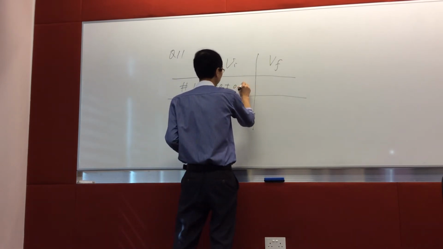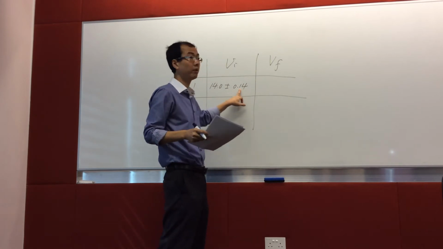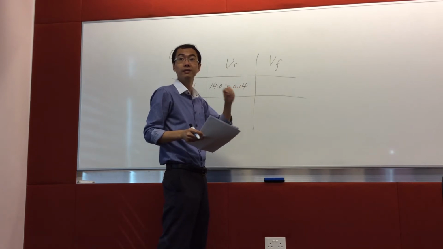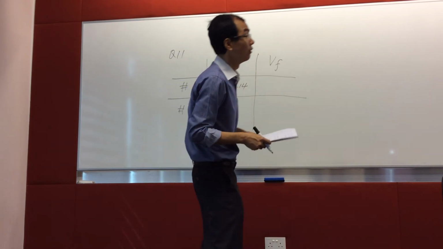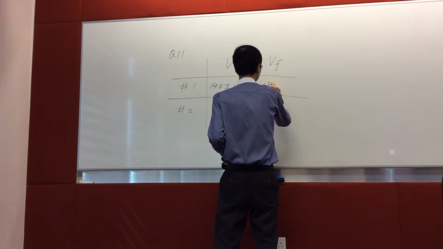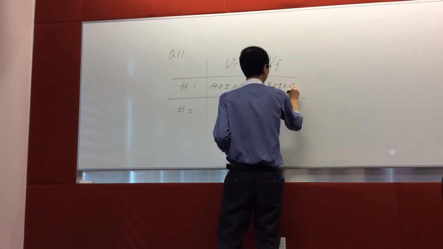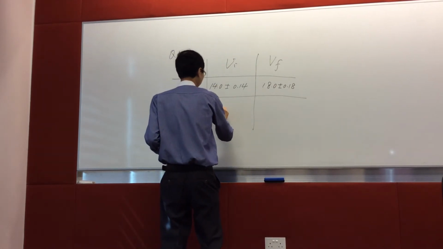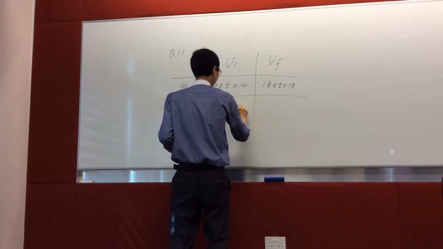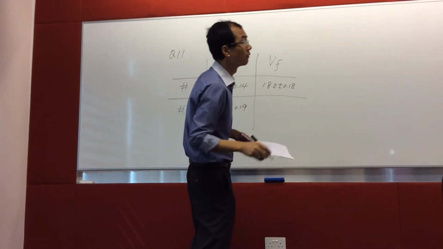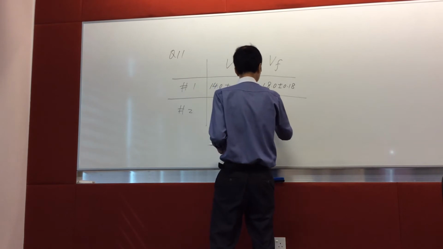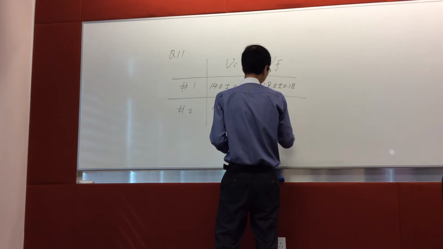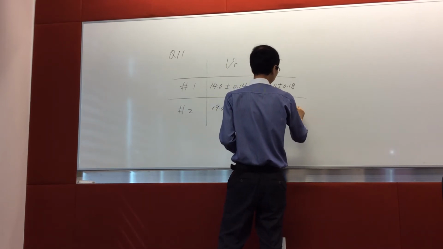For this case, you need to report two significant figures, because it starts with 1, so you keep 2. And then for the second one, again it is 18.0 plus minus 0.18. And here it will be 19.0 plus minus 0.19. And the last one will be 19.6 plus minus, for this case, 0.02.